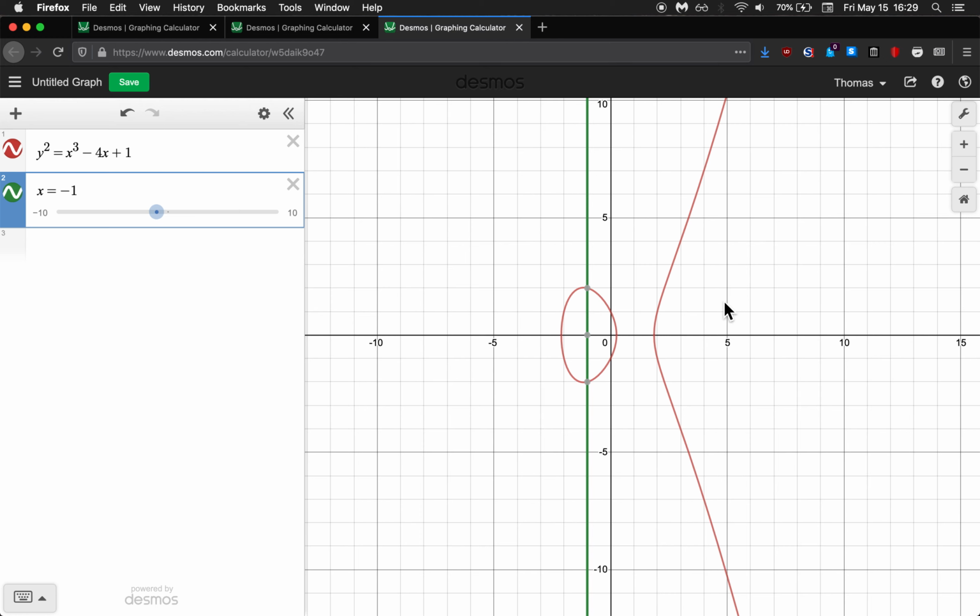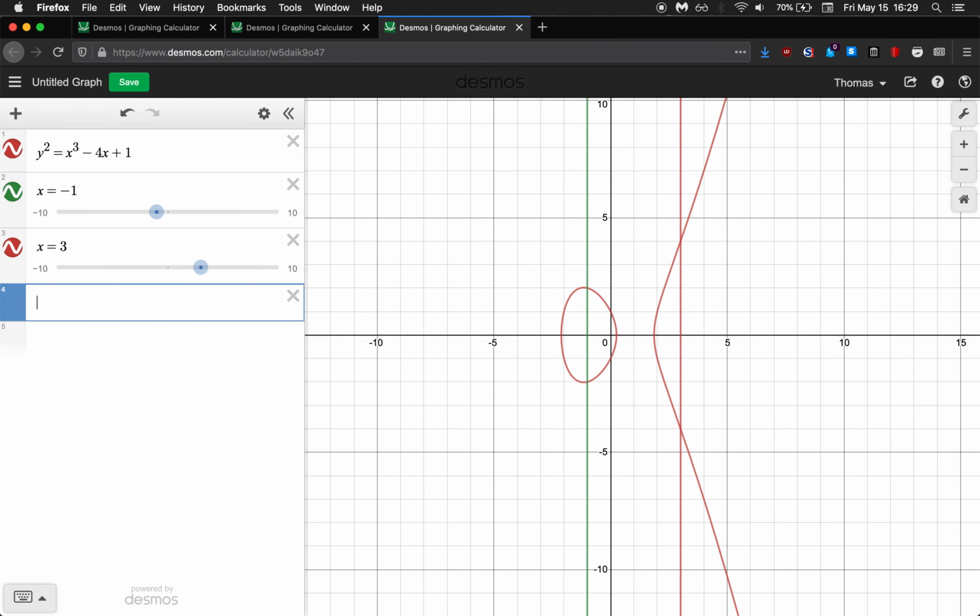Because of that relation, if I take any point here, right, here's the point x equals 3, y equals 4. Here's the point x equals 3, y equals negative 4. Let's draw a line between them. That's a vertical line with the formula x equals 3. So there's my vertical line. And I know that the green line and the red line, the actual line, not the elliptic curve, are going to meet at a point at infinity.